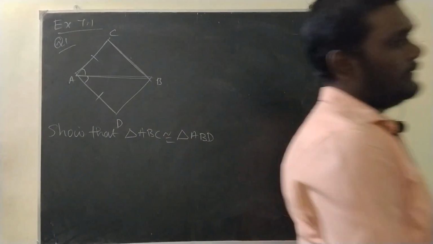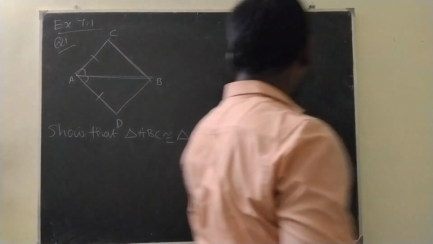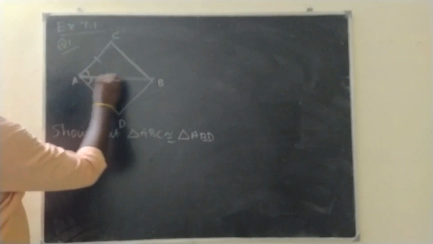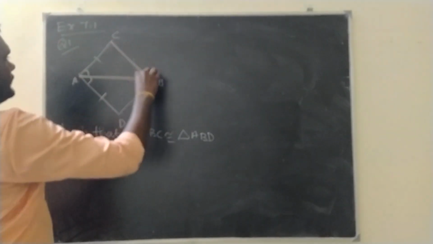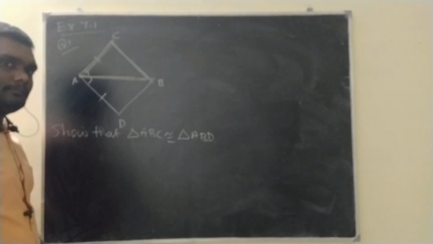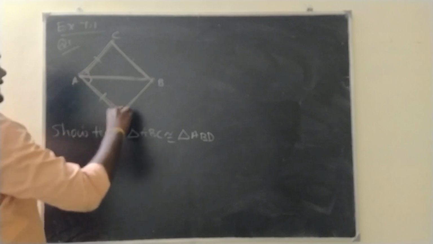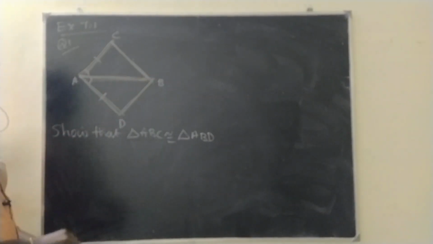So use colored chalk. Can you see the colors, or do both look the same? Okay. See this triangle and that triangle.